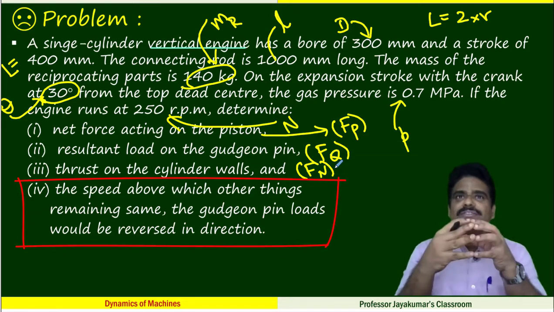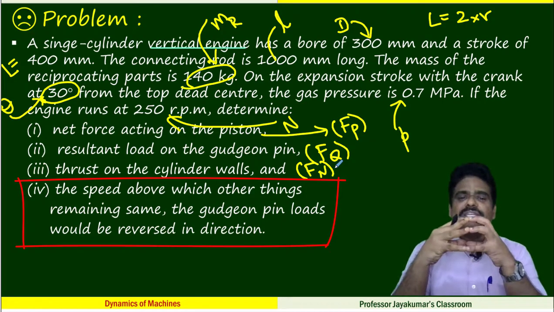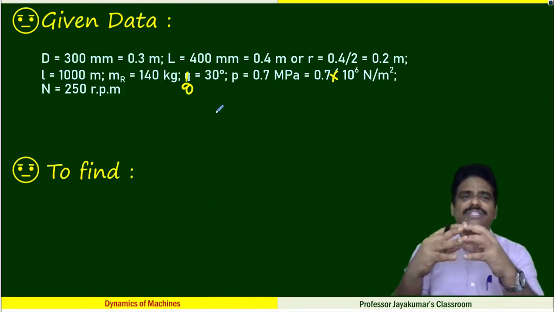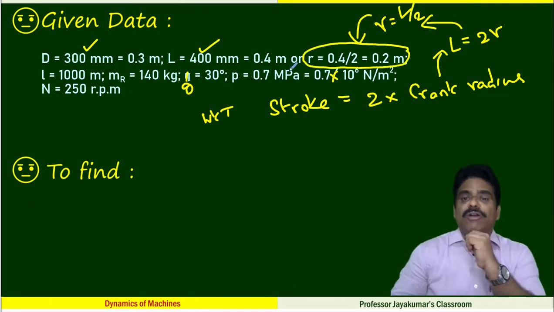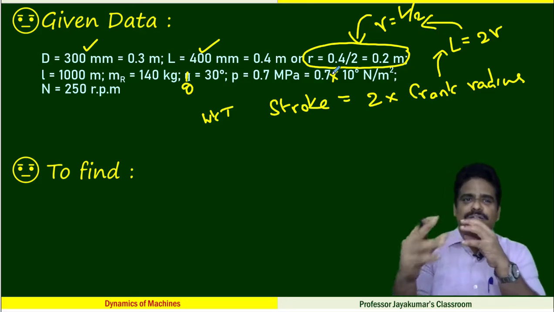Then they have asked one more data, which is nothing but the speed above which, other things remaining same, the gudgeon pin loads would be reversed in direction. So we'll get back to that point later. Okay, these are the given data. A megapascal, mega means 10 to the power 6. Pascal, 1 Pascal equal to 1 Newton per meter square.